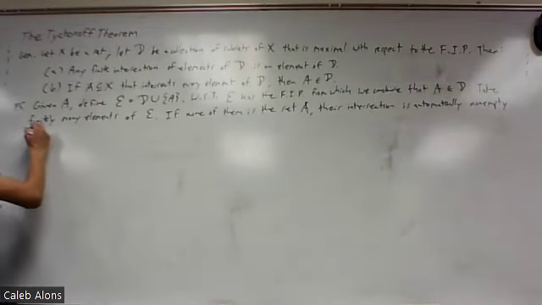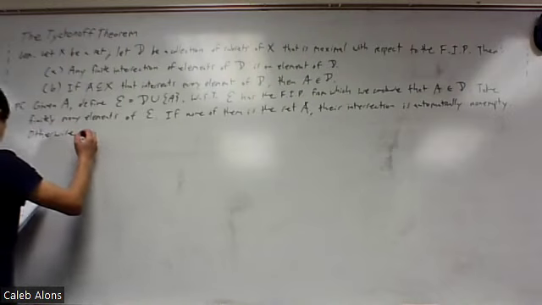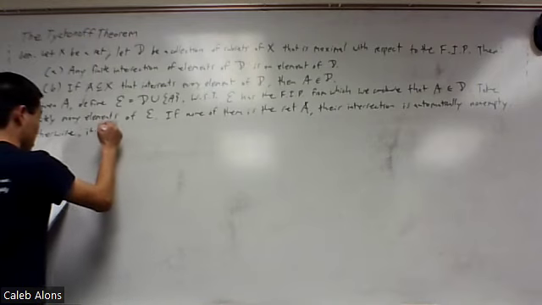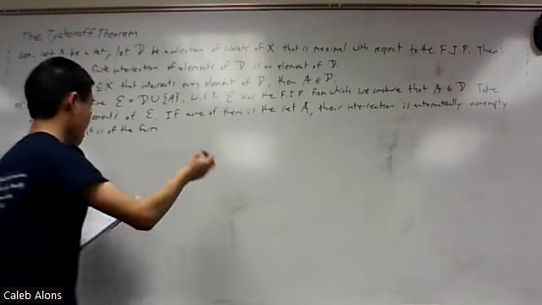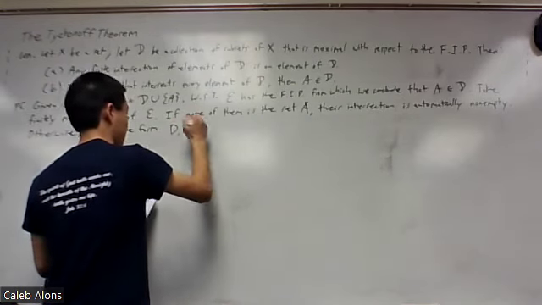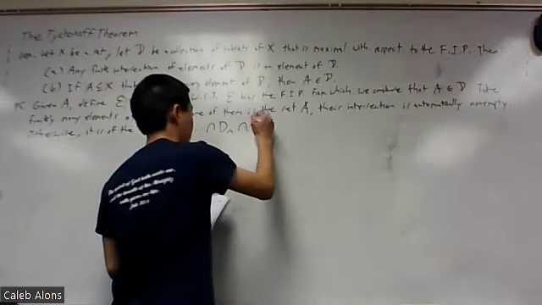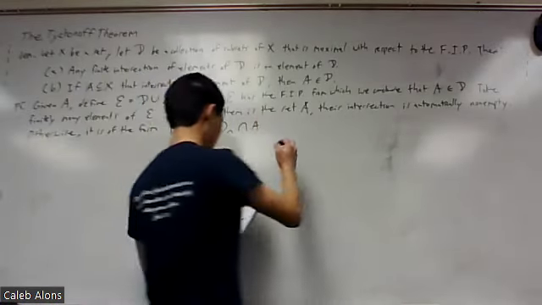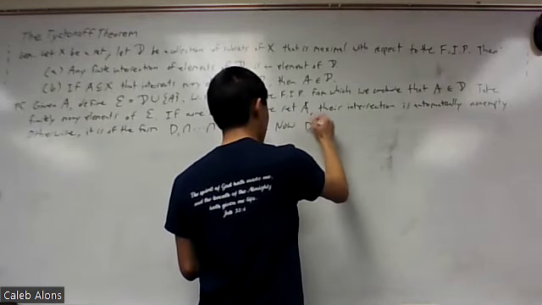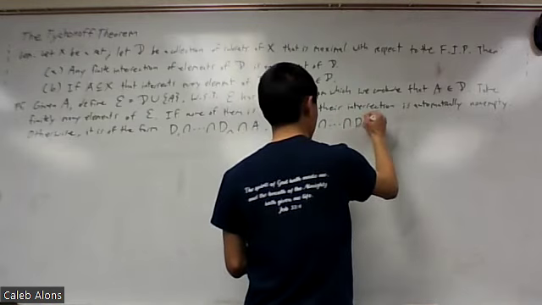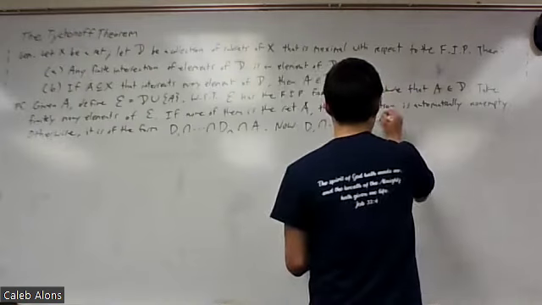Otherwise, the interesting case is that we actually do have A in this batch of subsets. It is of the form: we took a finite number of things, so let's intersect a finite number of things, and now let's add on our subset A. Believe it or not, we can think of this intersection as just a member of the collection.